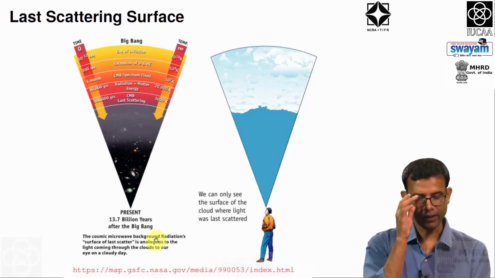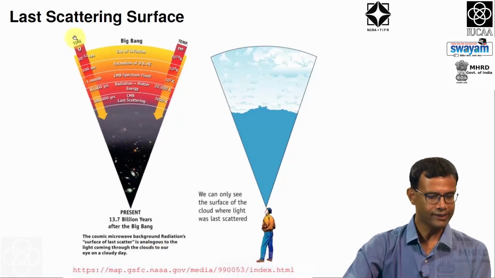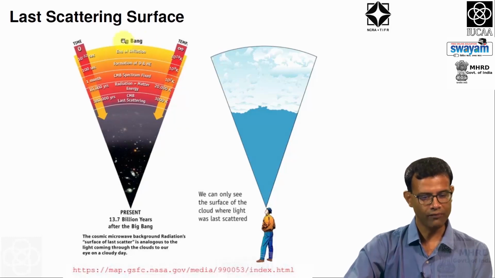To understand that, look at this evolution of the universe. This is at present, and suppose we are looking into the past. So, at very early times the Big Bang happened, then inflation, then formation of nuclei and so on, and till this time the photons were getting scattered off the rest of the matter.